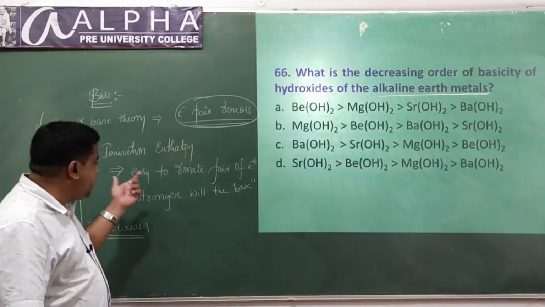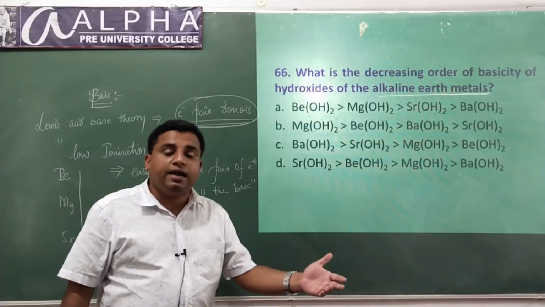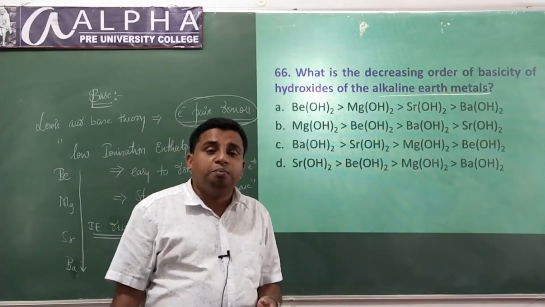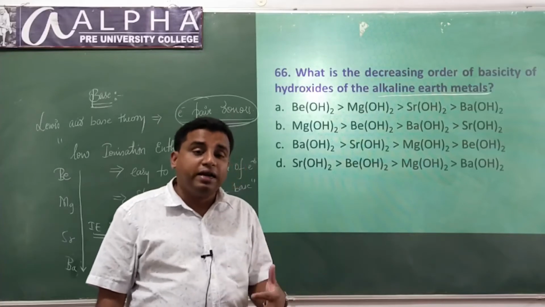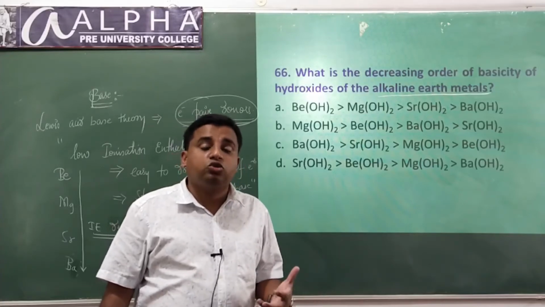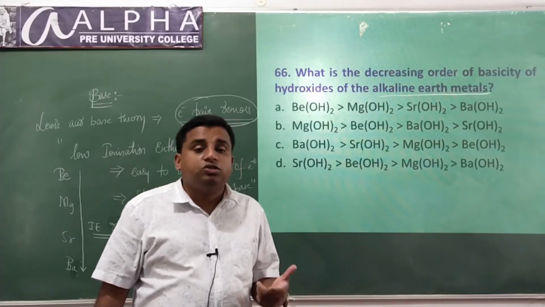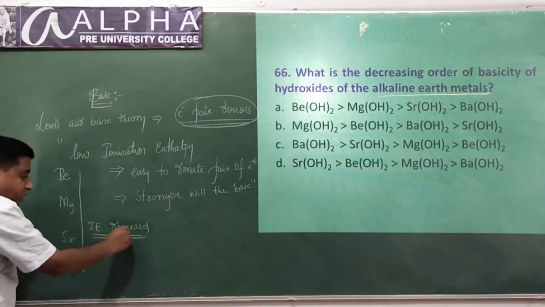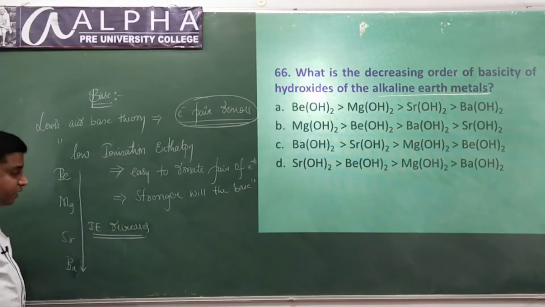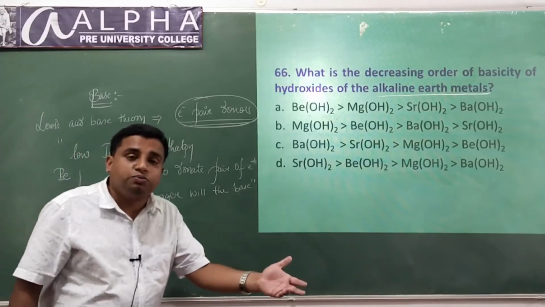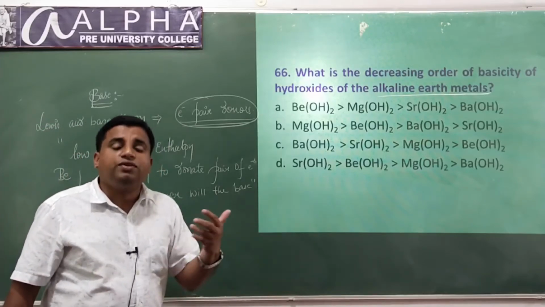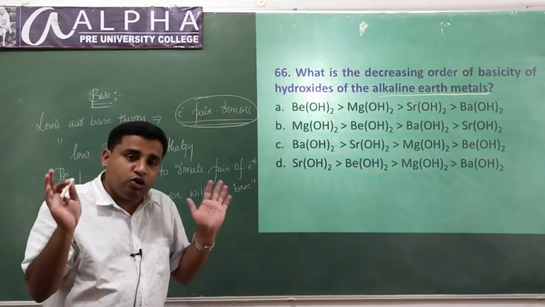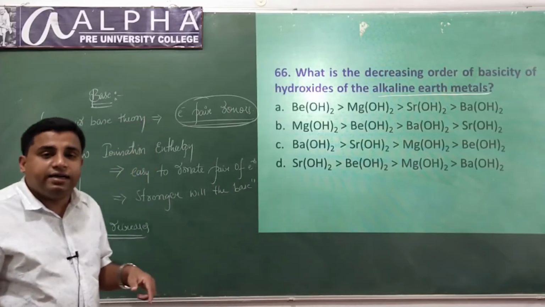Lower the ionization enthalpy, easy to donate the electrons. If it is easy to donate the electrons, then the metal oxide or the metal hydroxide is going to be a strong base. Therefore, down the group ionization enthalpy decreases. That means the donation of electrons becomes easier. When the donation of electrons becomes easier, the basic character increases. Do you agree?